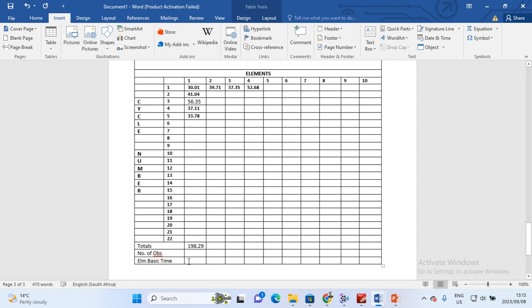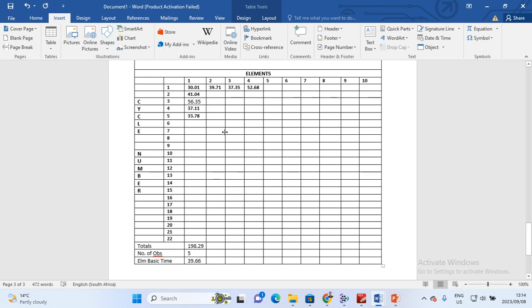And for you to find your element basic time, you're just going to do the average. And how do you do the average? Your sum divided by n. In this case, our n is 1, 2, 3, 4, and 5. So it's going to be 198.29, which you're going to divide by 5, which should give you 39.66.